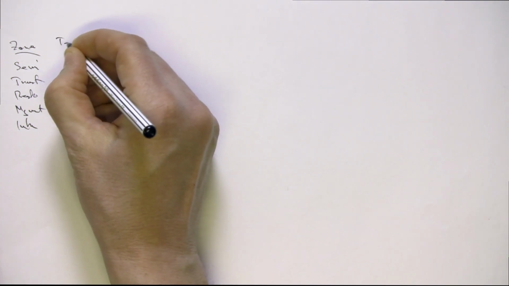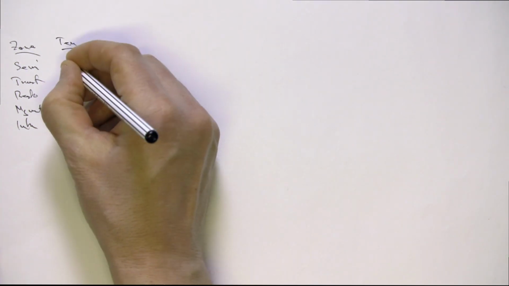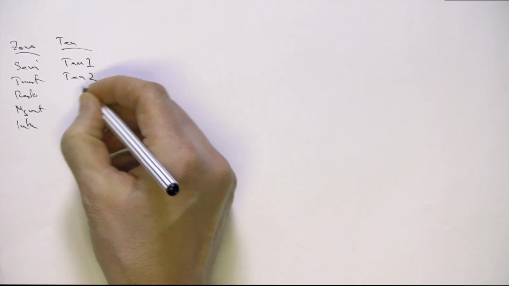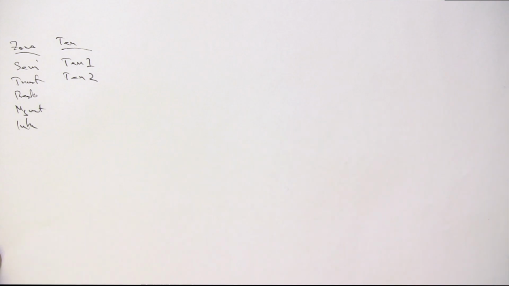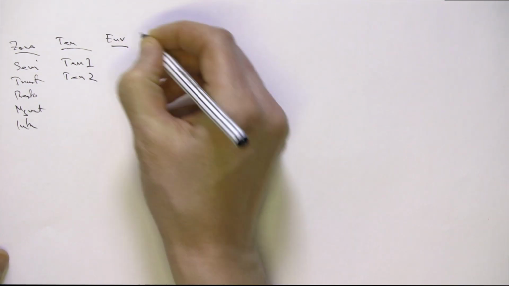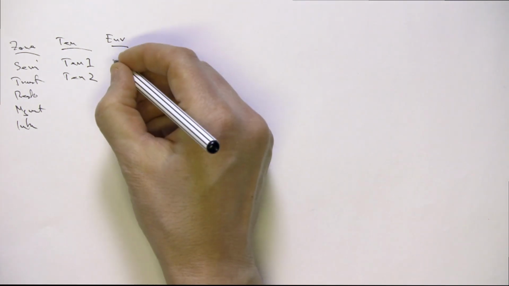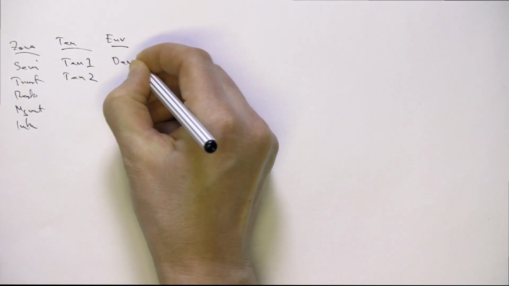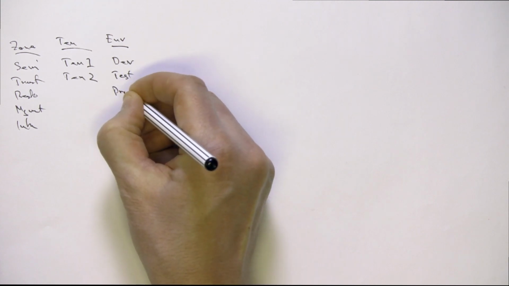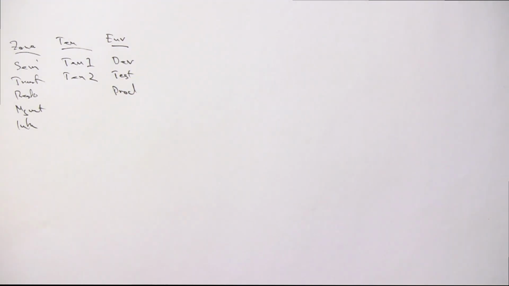They had a couple of tenants: the internal tenant 1, tenant 2, and maybe some more tenants. They also had something that we call an environment. Environment basically means you have the need for a dev environment, a test environment, and a production environment.